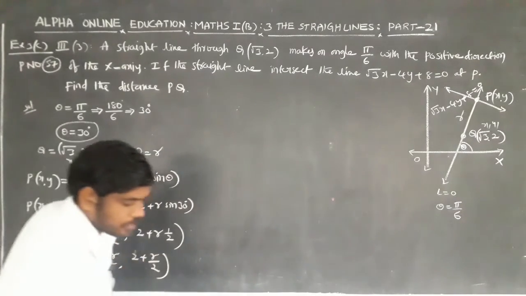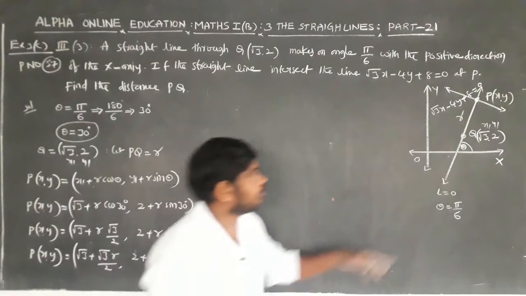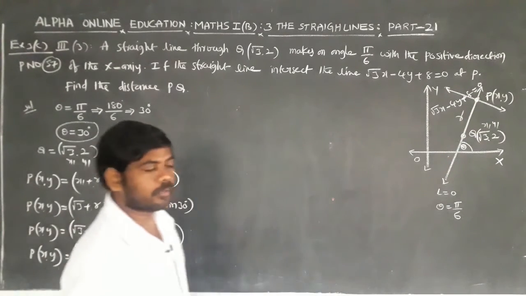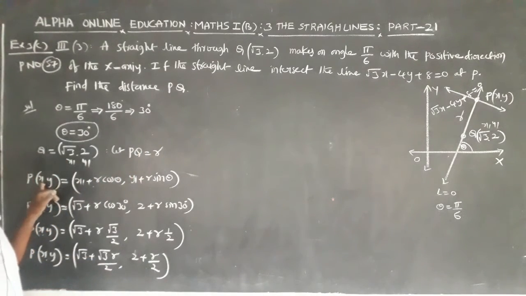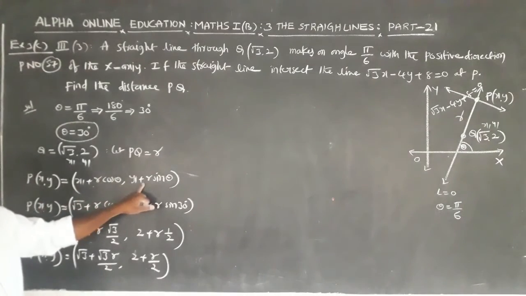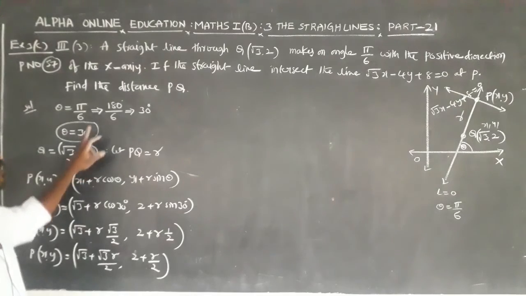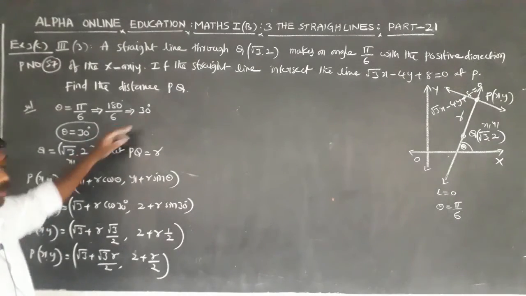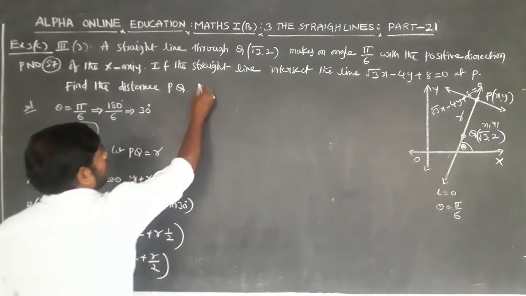This is the coordinates of the point P. Substitute x1, y1 and theta to find the coordinates of the point P.